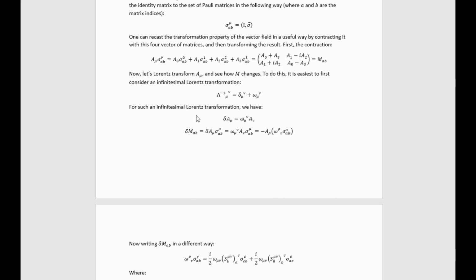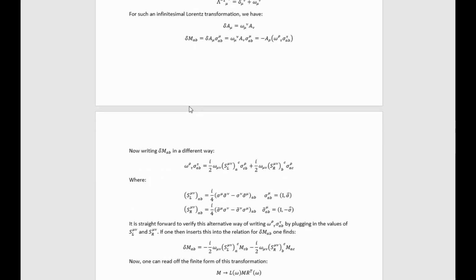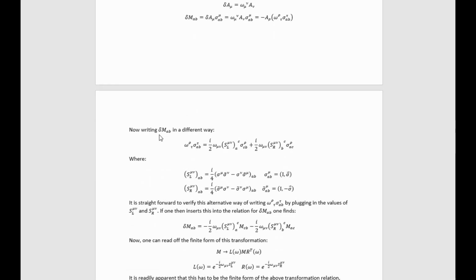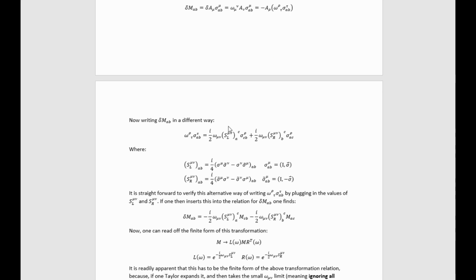For such an infinitesimal Lorentz transformation, we have this value for the change in the vector field and this value for the change in the M_AB matrix. We can rewrite the change in the M_AB matrix, this delta M_AB, in a different way by first rewriting this quantity in the parentheses in a different way and then sticking this minus the vector back on it afterwards.